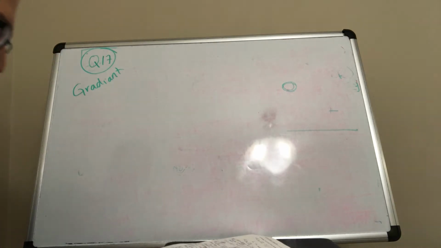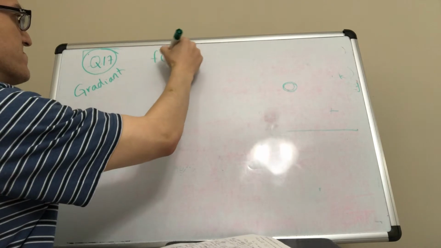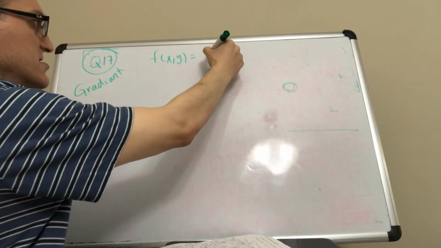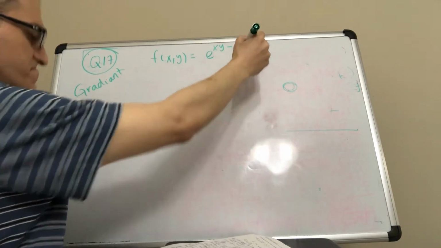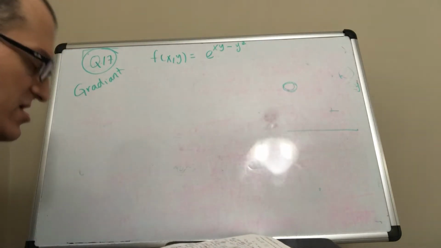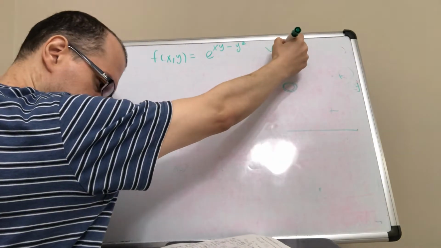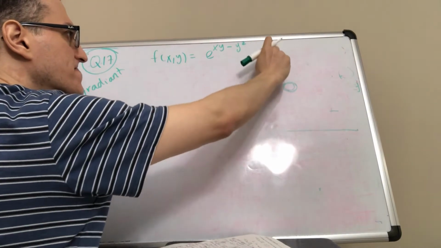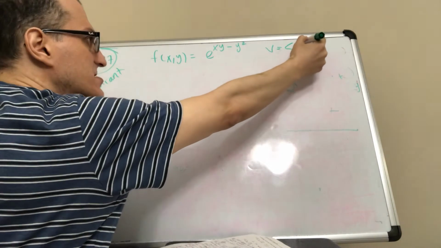So they start by giving you a function, and it's e to the xy minus y squared. They also give you a vector, 12, -5.